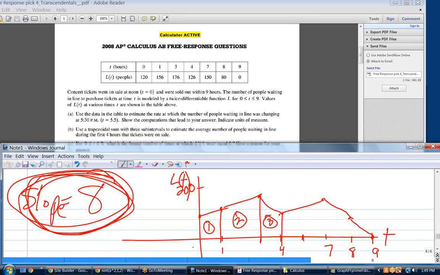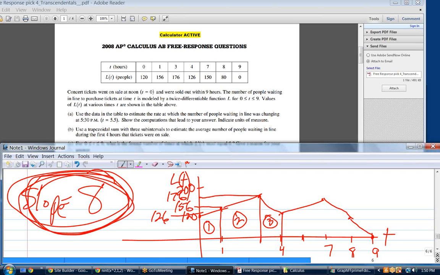Well, this is actually pretty easy because we know this is 120. We know this is 156. We know this is 176. And we know this fourth point is 126.